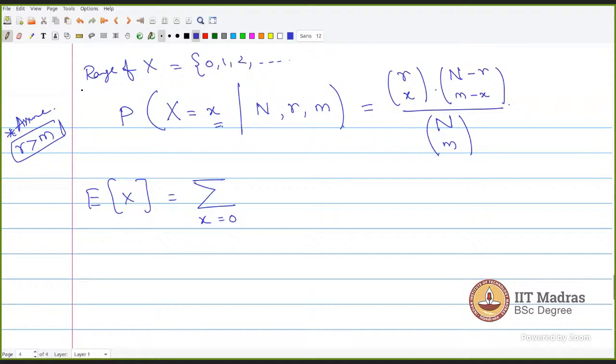Assume R is greater than M. Now tell me till where my X goes. Will it go to M, R or N? M. Correct.